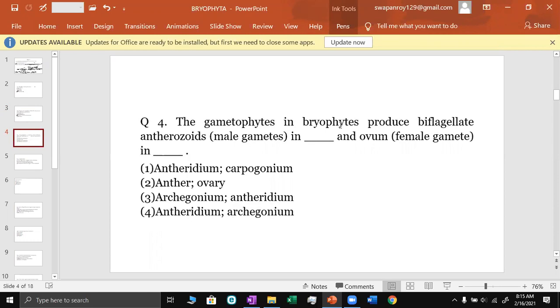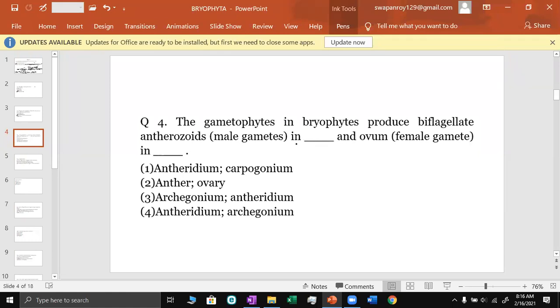The gametophyte in bryophyte produces biflagellate antherozoids. Antherozoids are the male gamete. Biflagellate, flagella are the organ for movement, so two flagella are there.